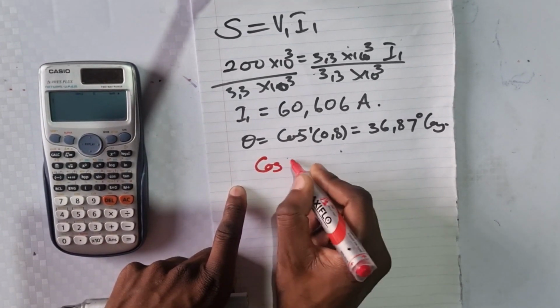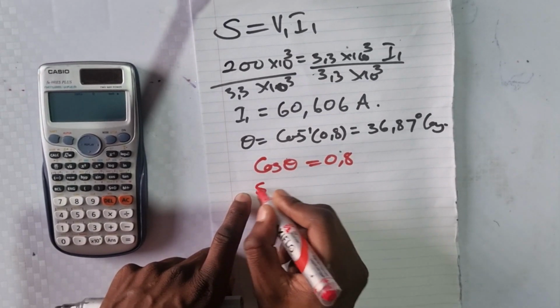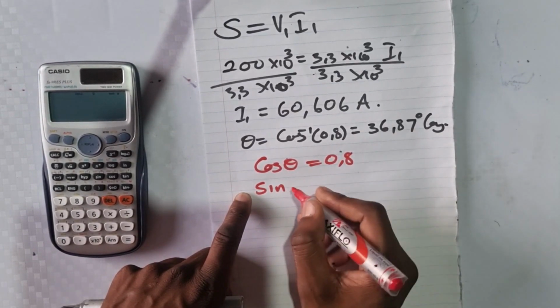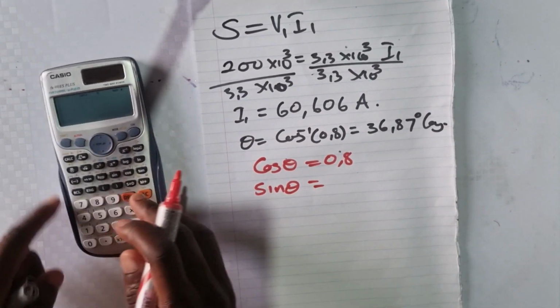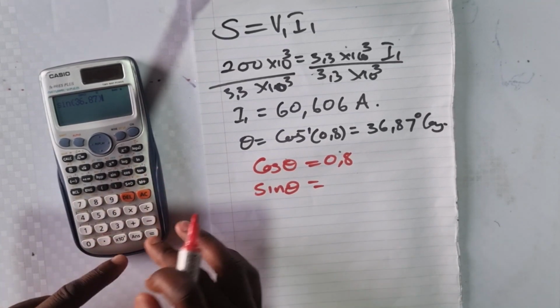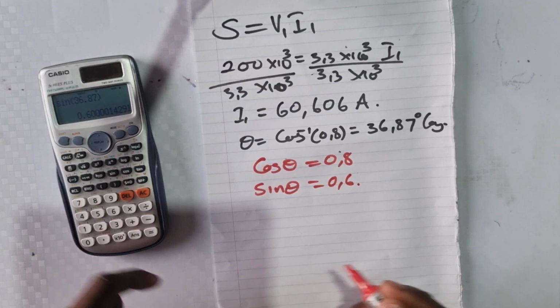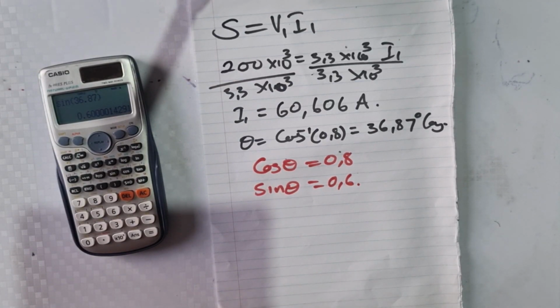So cos theta is equal to 0.8, and then sine theta, let's check, sine 36.87 gives us 0.6.